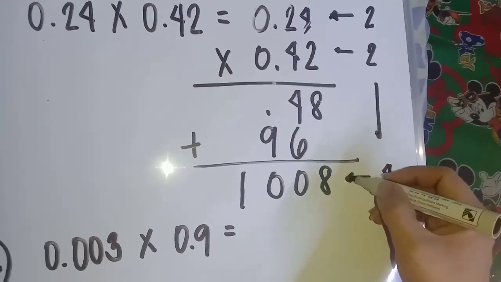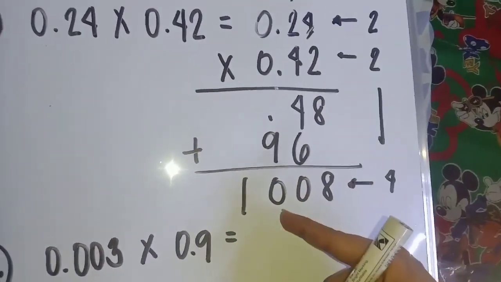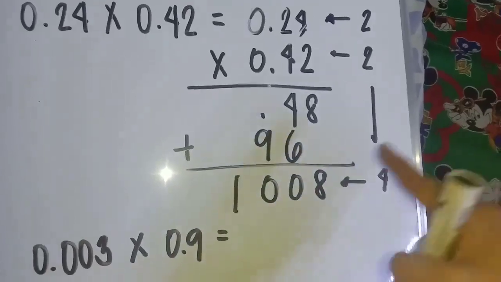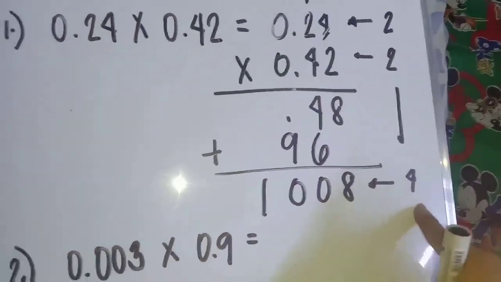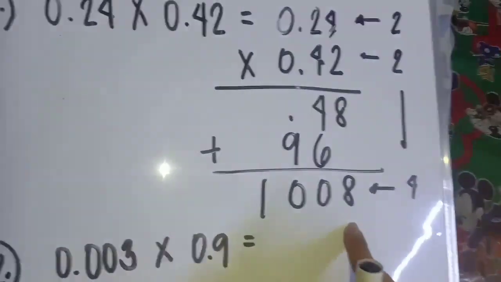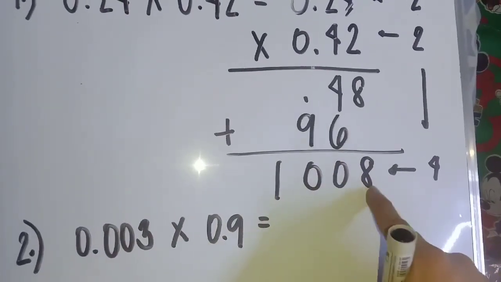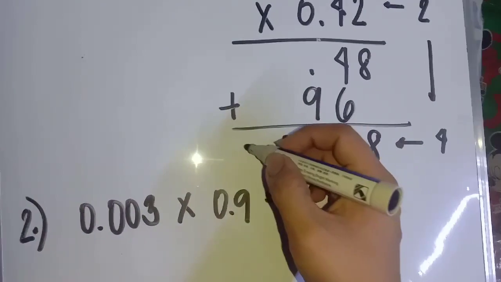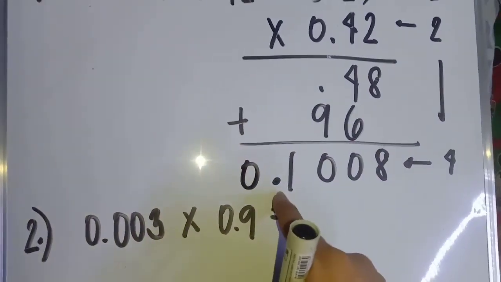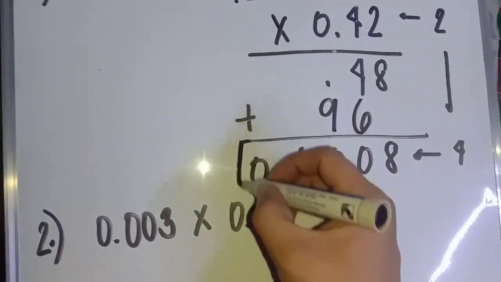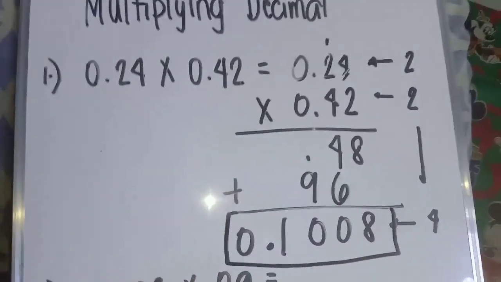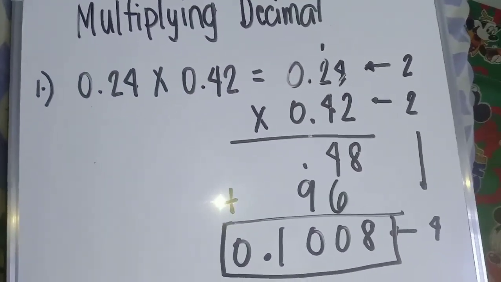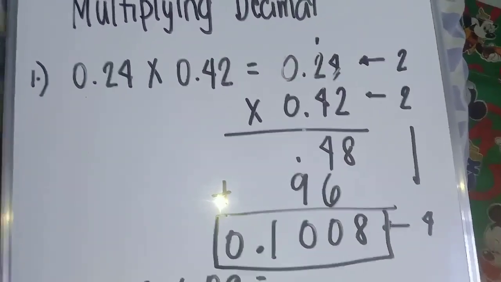So ibig sabihin, makikita yung decimal point before the 4 decimal values natin. Let's count: 1, 2, 3, 4. Dito makikita yung decimal point. Then we will add 0. So the product of 0.24 and 0.42 is 0.1008.